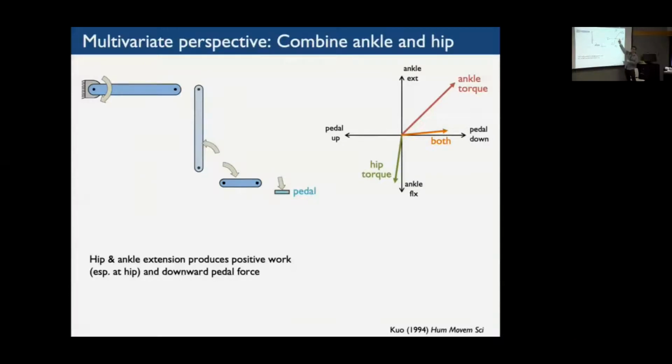All we care about is that you have some muscles that allow you to produce forces and accelerations of different combinations, and you add those together to produce the resultant. Also, I should say, as biomechanists, even what this value should be, we are not very good at having an opinion on. So what I mean is, during pedaling, we can measure what people do, and we can say, here's what they normally do, a combination of pedal downward and ankle extension.